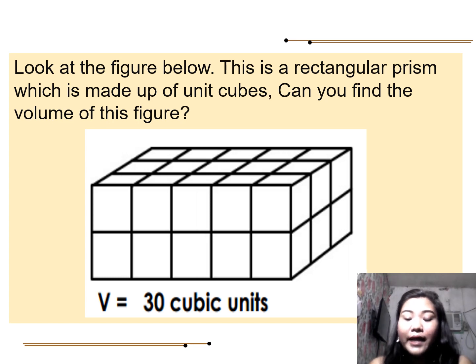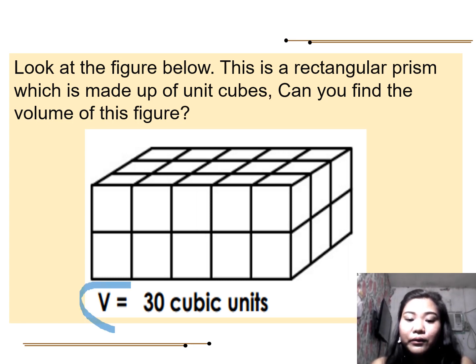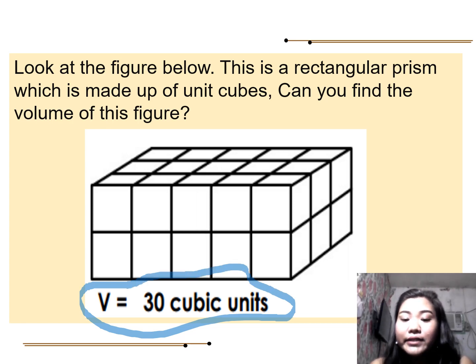Let's have another example. Look at the figure below. This is a rectangular prism which is made up of unit cubes. Can you find the volume of this figure? Since this figure states that the volume is 30 cubic units, how come it is 30 cubic units?